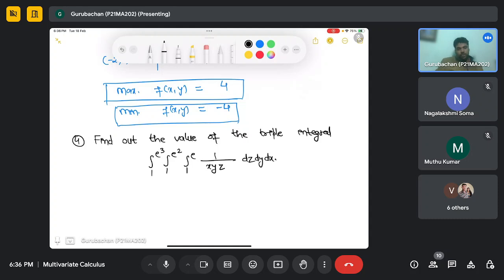Find out the value of this triple integral. Please try it.